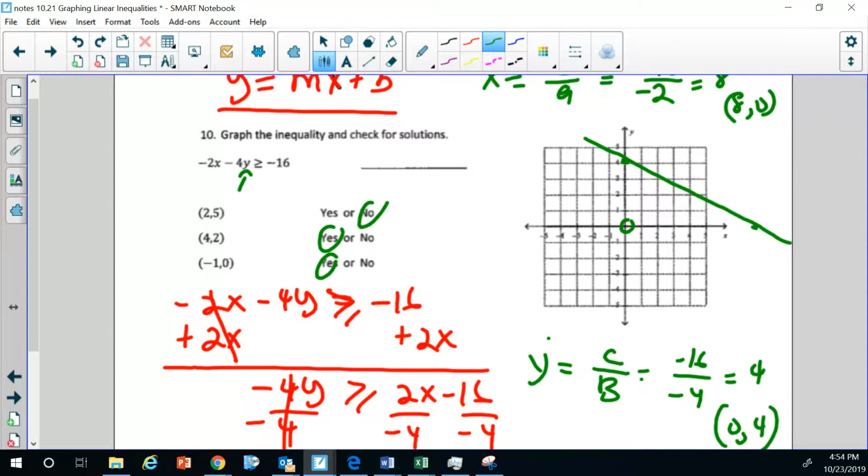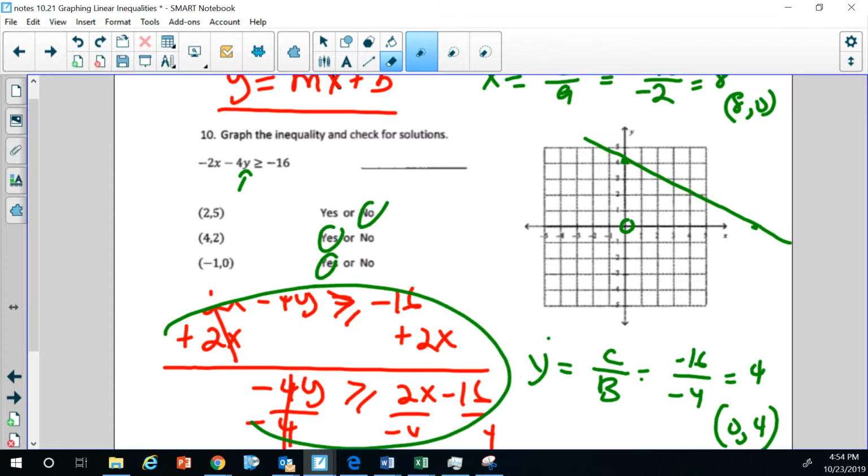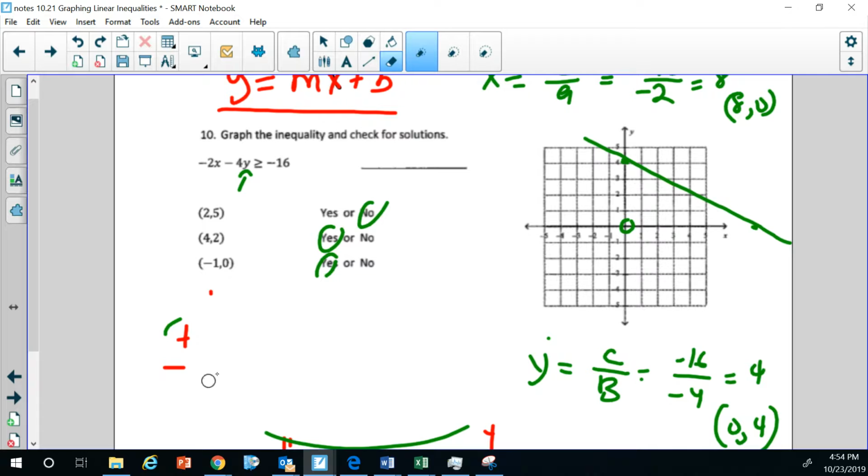Let me erase this stuff since we've already done it. I like this way because it's shorter. I don't have to solve an equation to get y. So let's try (0, 0).